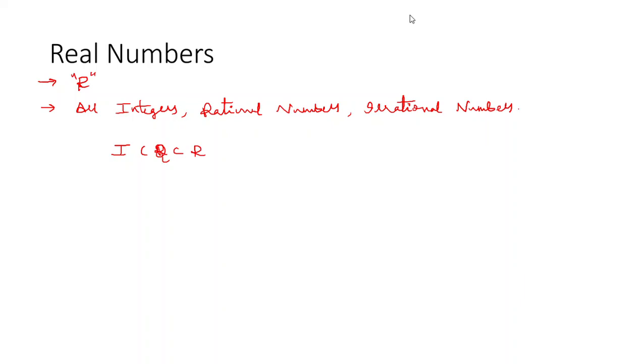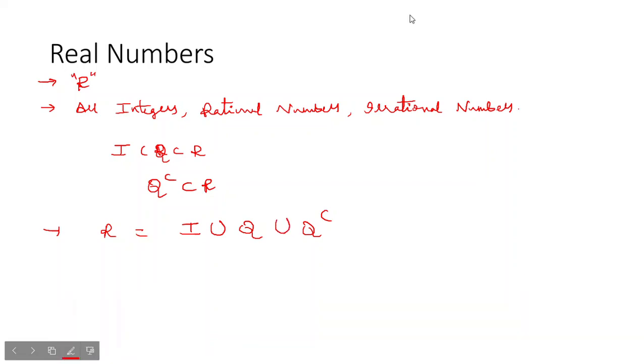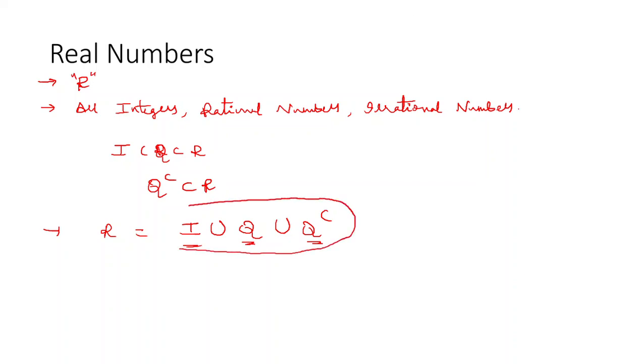The rational number set is denoted by Q, and also Q complement is a subset of real numbers. So we can write the real number set as the integer set union rational number set union irrational number set. All these numbers together are called real numbers.